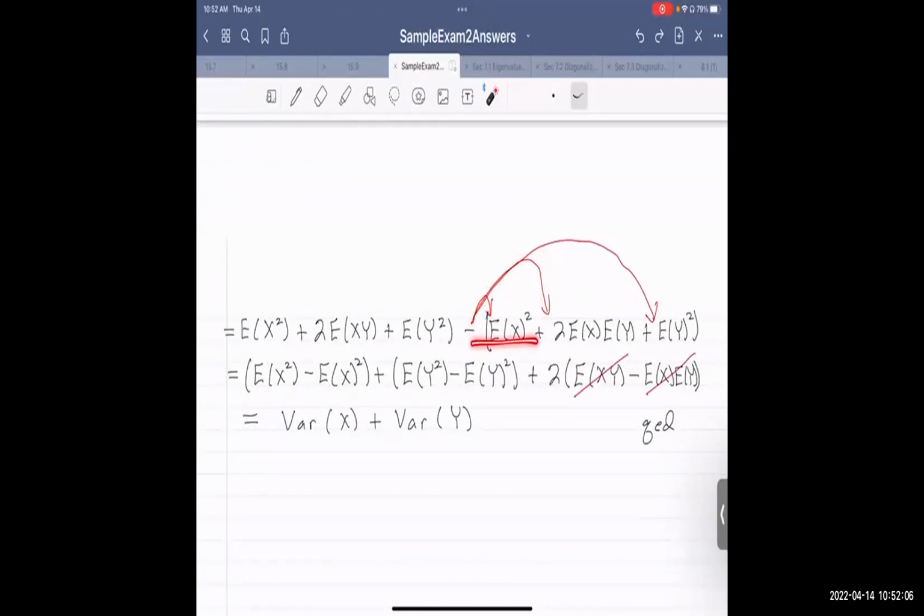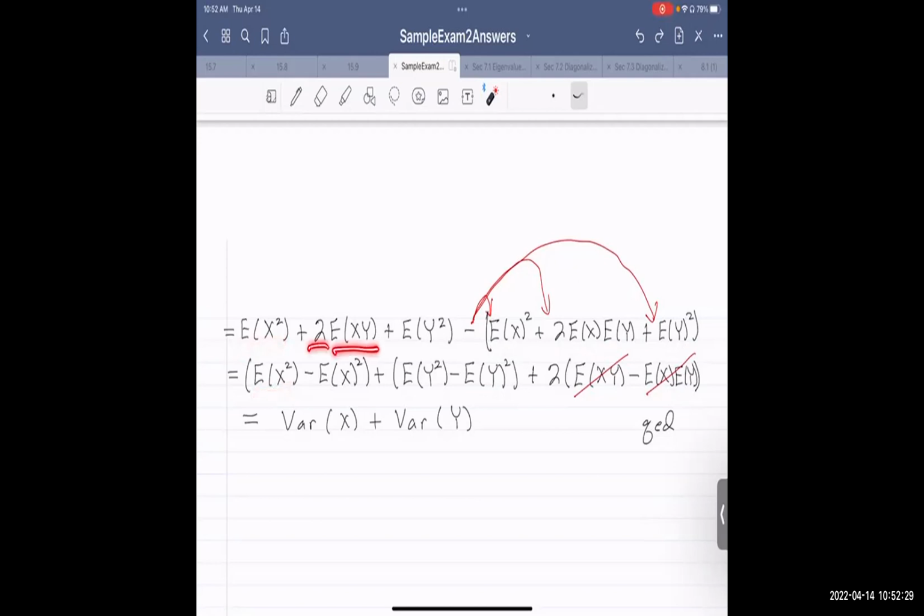So this is minus the expected value of x squared. This is minus 2 times the expected value of x, expected value of y. This is minus expected value of y squared. And let's group things together. So this is expected value of x squared.